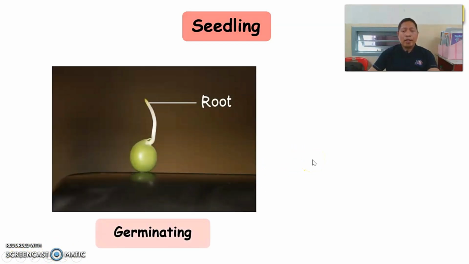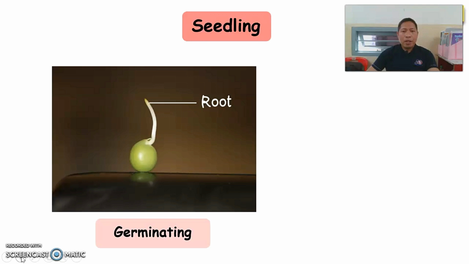After we put the seed in the soil, it starts with a root. If the weather is good and the soil is ready, it germinates and it has a root, and this process is called seedling.